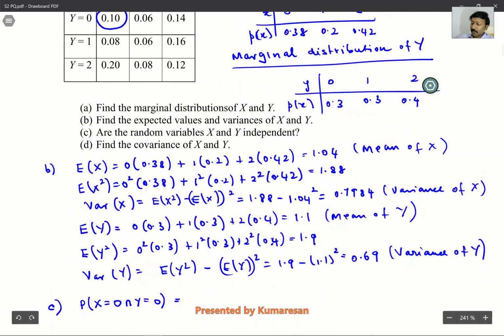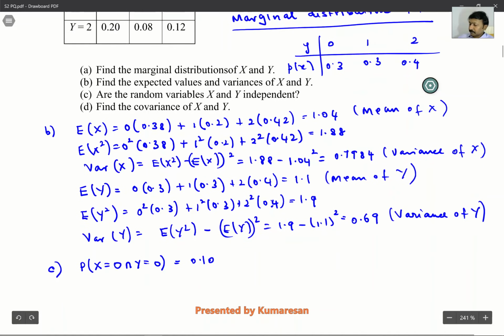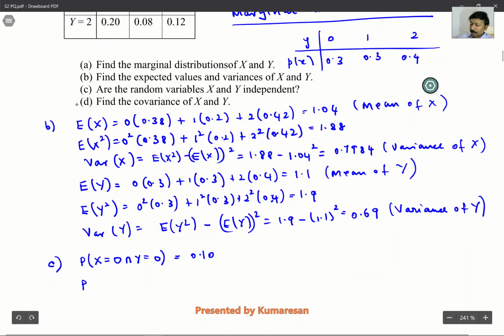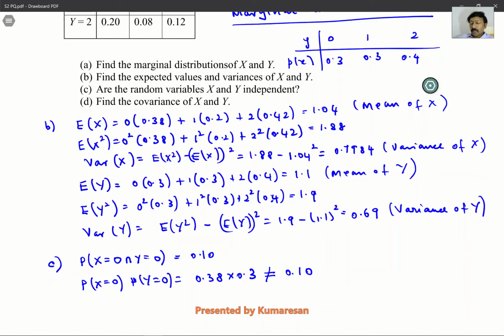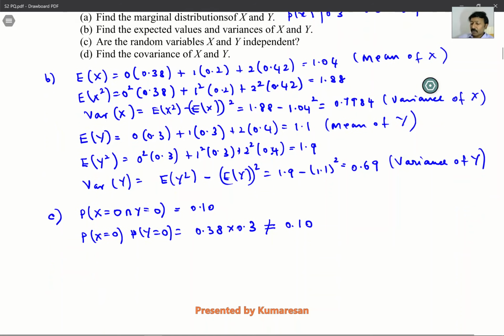But when you multiply the probability of x equal to 0 by the probability of y equal to 0, it is 0.38 times 0.3, which is not equal to 0.10. So if even for one combination of x and y, the joint probability is not equal to the product of the marginal probabilities, you can say that x and y are not independent.